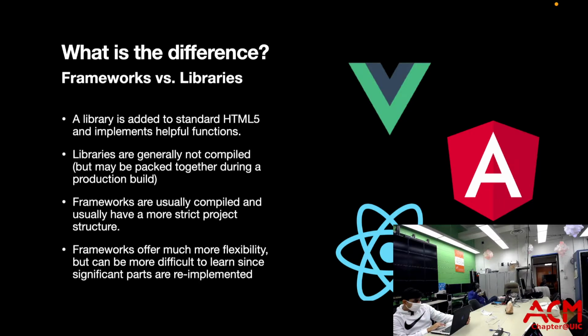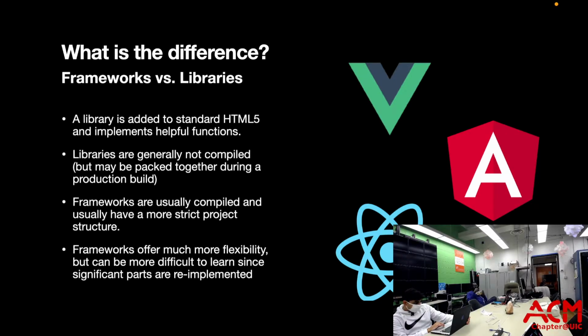It's going to give you some helpful functions and might include some sort of packager to help package everything together. But generally, it's not going to be compiled. Whereas a framework is usually compiled. Your projects will usually have a lot more files, but things are generally a lot neater, a lot easier to work with.